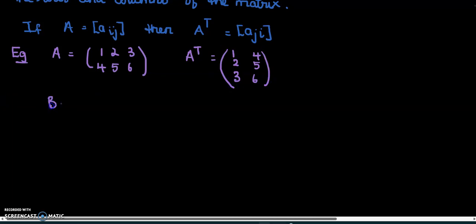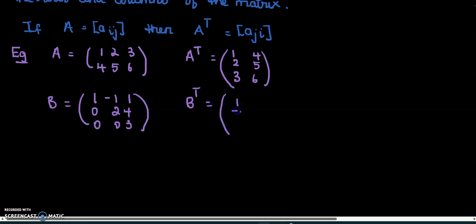Let's say we have B now. B is 1, negative 1, 1, 0, 2, 4 and 0, 0, 3. Then B transpose, your first row becomes the first column. So we write it as 1, negative 1, 1, 0, 2, 4 and 0, 0, 3.